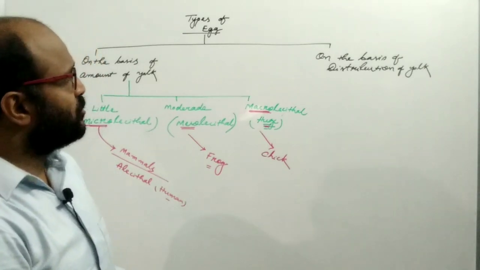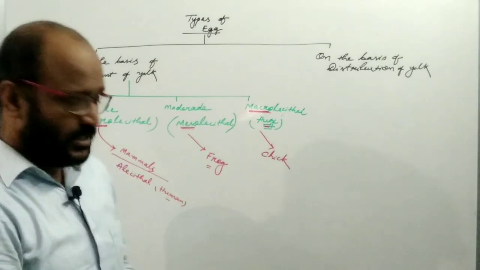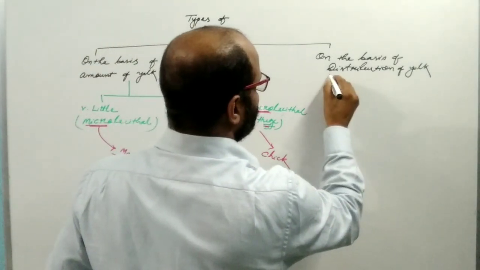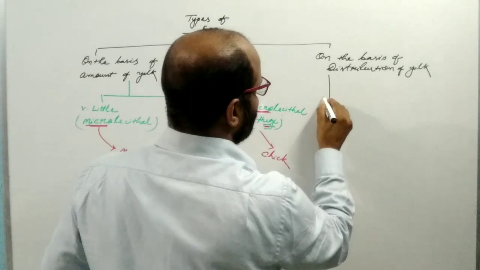On the basis of distribution of yolk, the egg is also classified into three types.